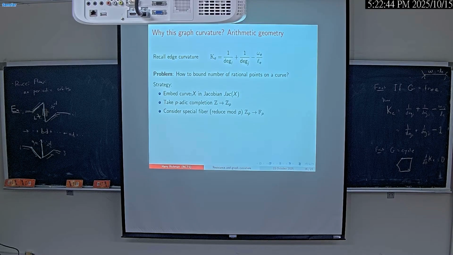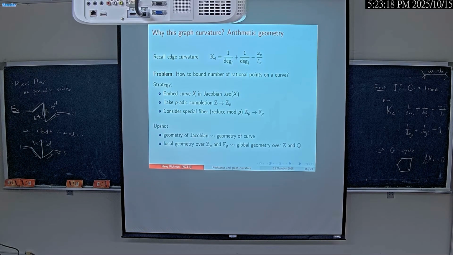The other tool is putting the curve inside of its Jacobian. Typically when we think about a curve, we would look at some affine equation, so an equation in affine space or perhaps in projective space. But it turns out every curve also naturally embeds into its Jacobian, which is an abelian variety. So the geometry of its Jacobian, along with its embedding, can induce some sort of geometry on the curve as well.